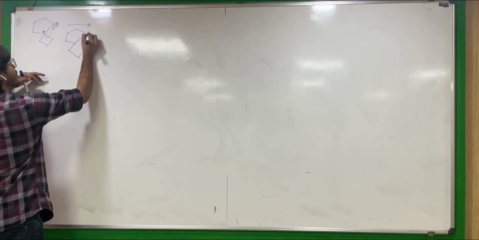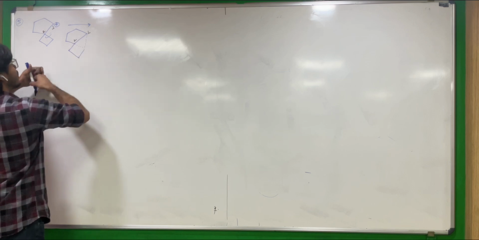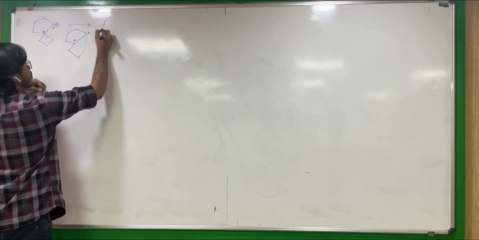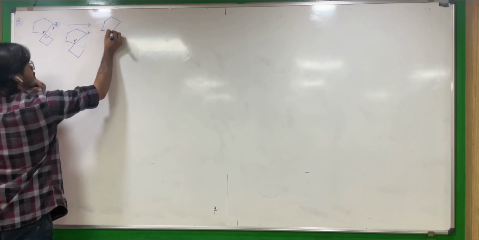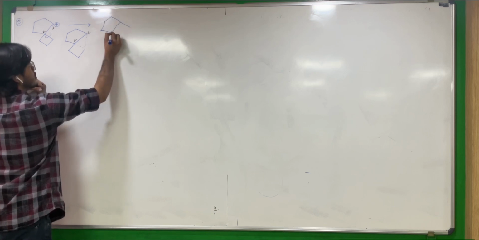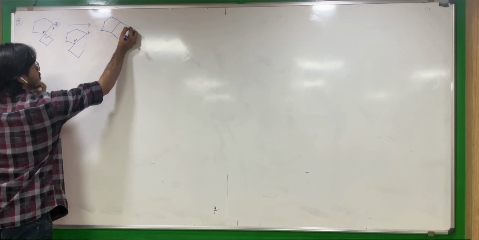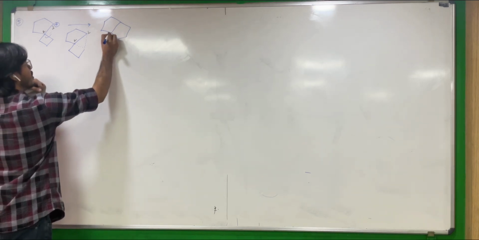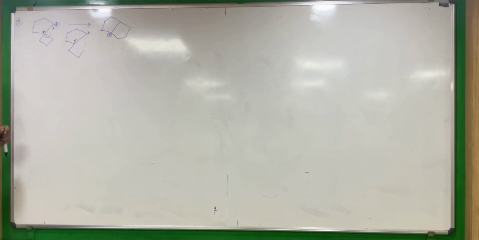This is carbon number 1 and this is carbon number 2. So the product will be like this. This is the product. A 5-membered ring will form and the positive charge will be here. So there is one 1,2 shift taking place.